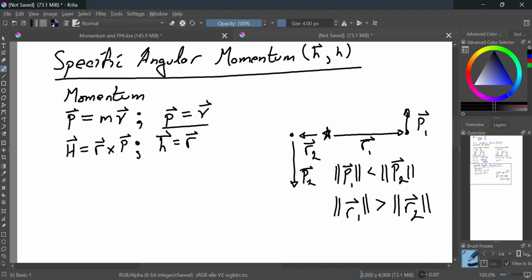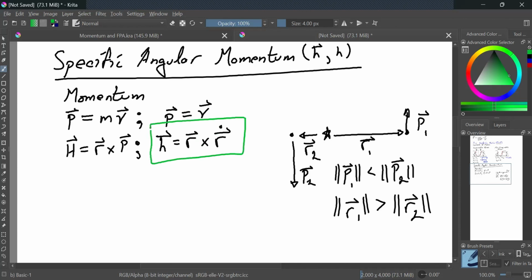So r crossed, I'm going to use dot notation, r dot. And there you have it, the equation of our specific angular momentum.